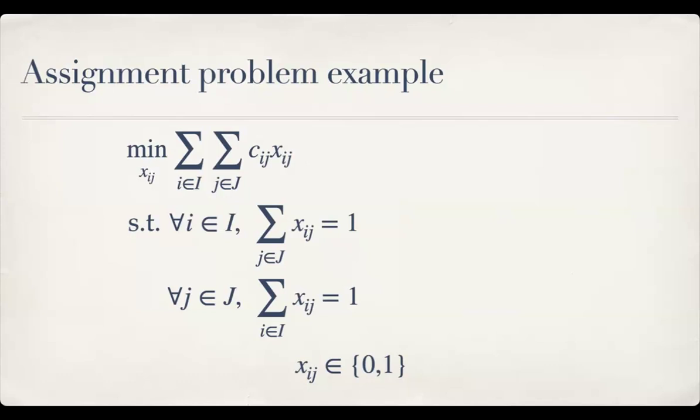For all I, from 1 to 4 employees, we sum all the Xij for each employee, and it must be 1. That is the summation by row.